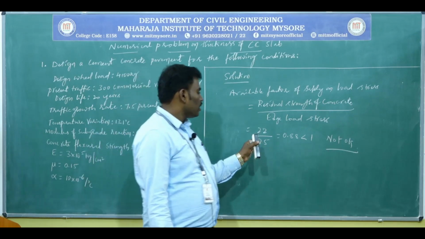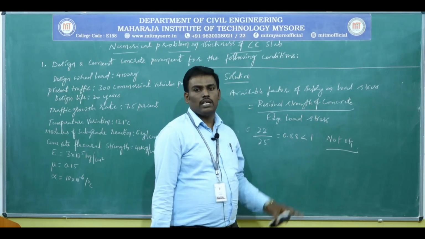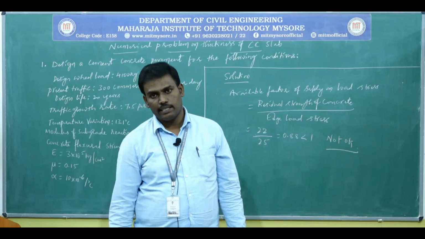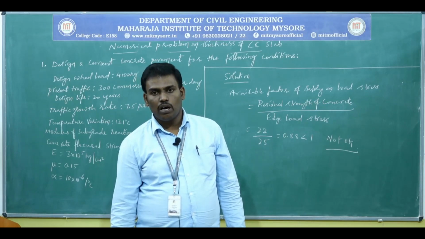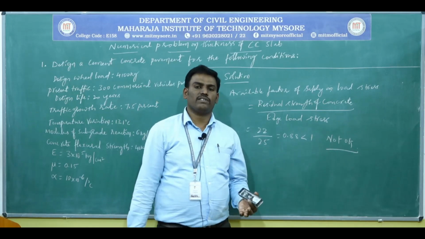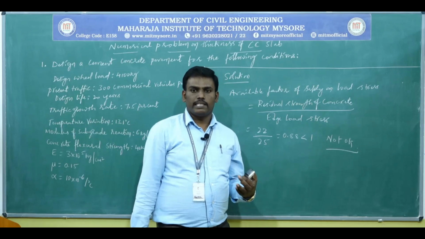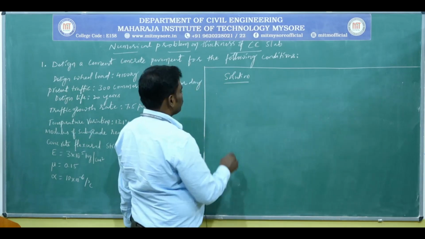Since your available factor of safety on the load stress is less than 1, you have to revise the thickness. Means you need to increase the thickness of the CC slab.